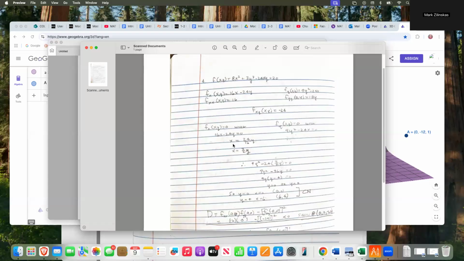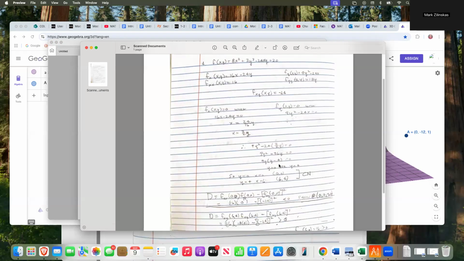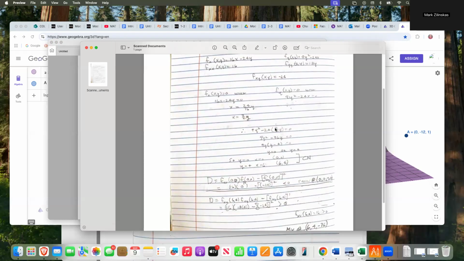So if I take this one and solve for x, and then substitute it into this one, this is just an algebra 2 problem. In other words, I'm replacing this x with what simplifies to just 3/2 y, and I'm not going to go through all the details, but basically I factor that down, get this quadratic and then solve for y. I get two different values, 0 and 4.